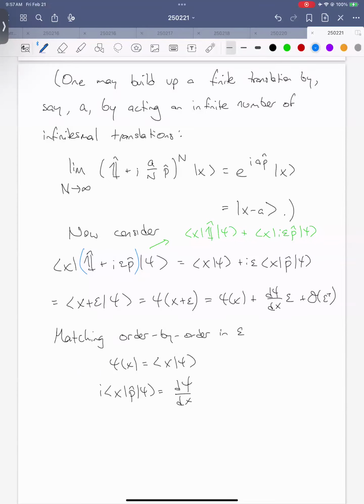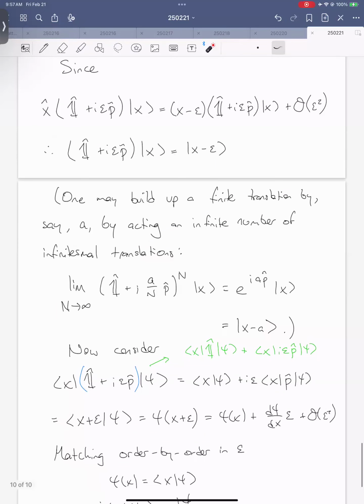One thing I'm thinking about is that we wrote down the state x plus epsilon dual vector over here, just on the left of it. But previously we worked out the state x minus epsilon. Well, let's check. I've got that 1 plus i epsilon p on the x ket gives me an x minus epsilon ket.